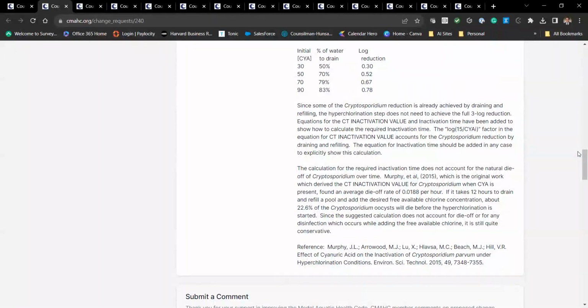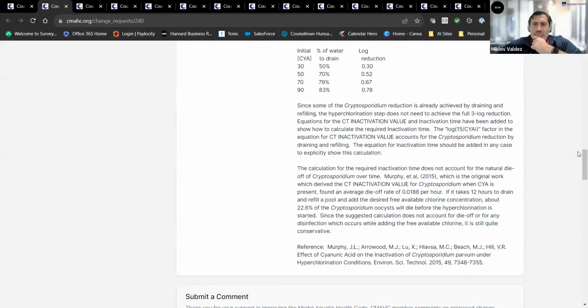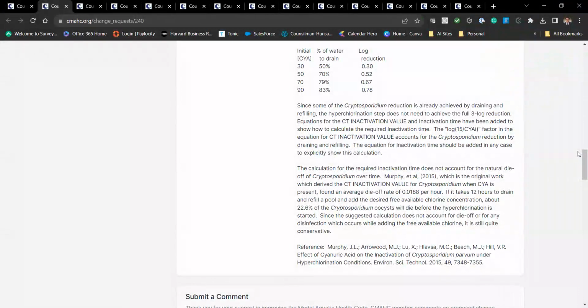Yeah, it's more of the amount. Do we know if we're draining 50% of the pool water that we have actually reduced 50%, versus doing a full drain at 100%? Is it linear, I guess is what I'm asking, or do we know that it's linear? Common sense, I agree, would tell us that it is, but do we know?